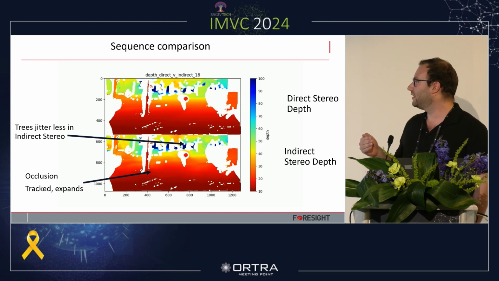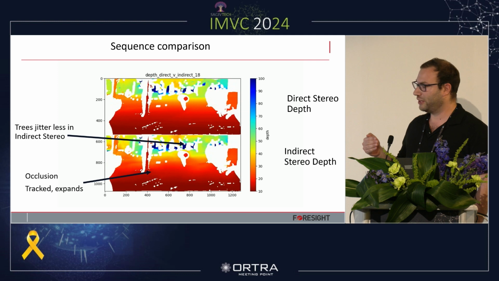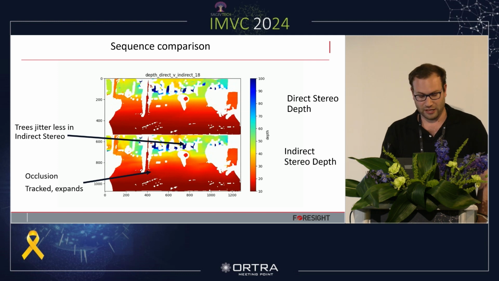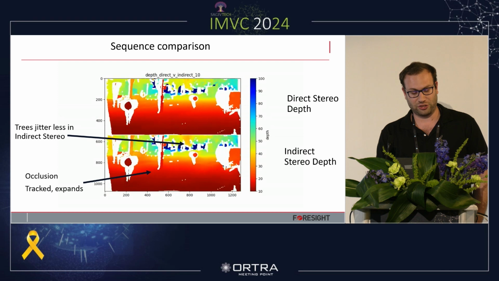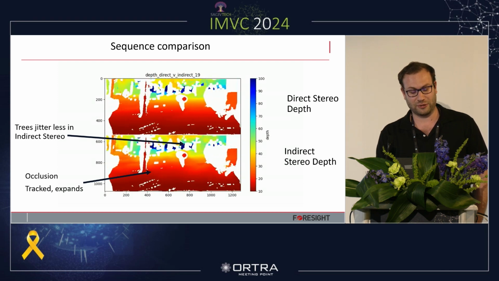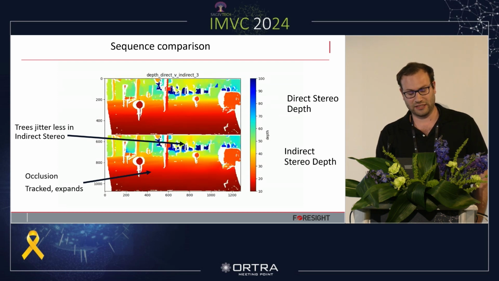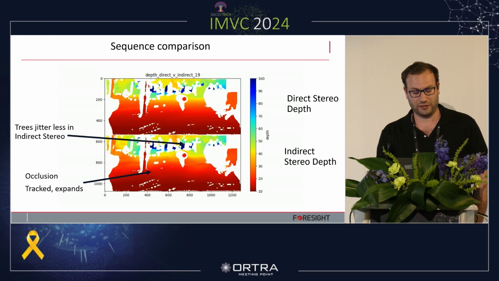And on the bottom, we can see what happens if we pass the first estimation onward with the optical flows. If we focus on the problematic areas, such as the trees in the background, we can see they are significantly less shaky, with significantly less jitter in those areas.